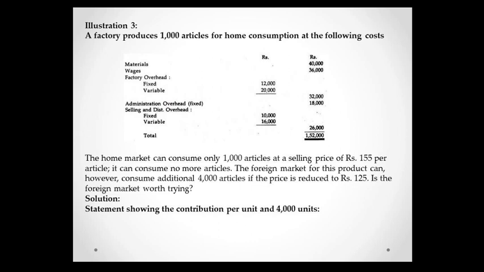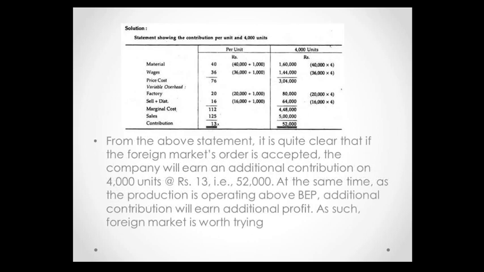Here we have to calculate for 4000 units, and the selling price should be reduced to 125 rupees. We can see the illustration and the answer. Here we have to calculate per unit and also the amount. Just move on to the second thing, that is calculation for 4000 units.